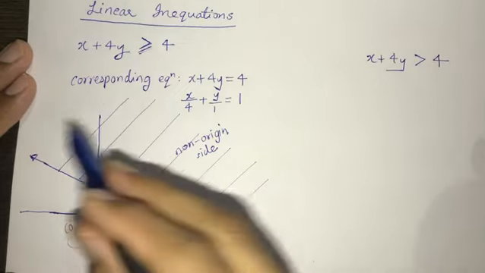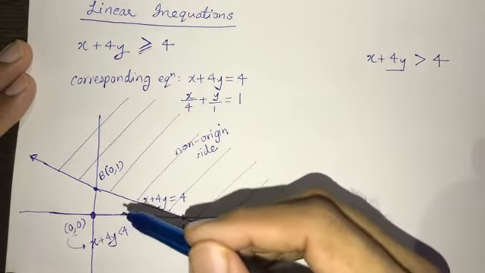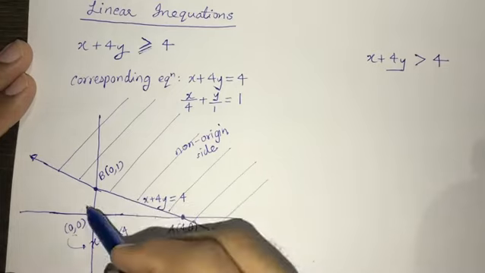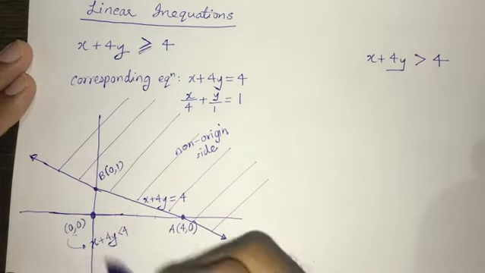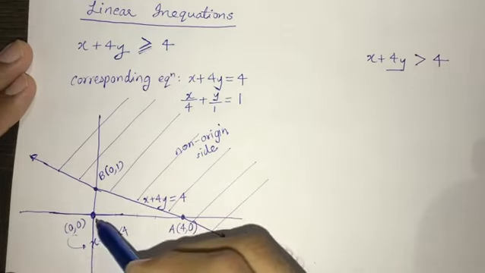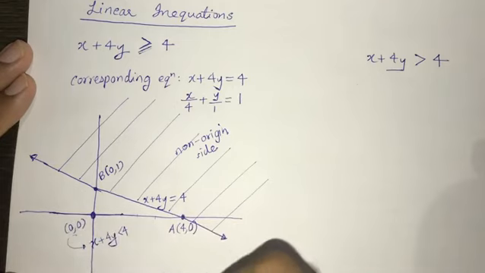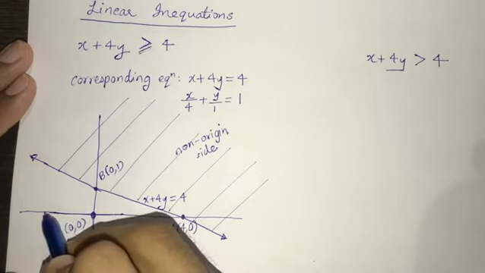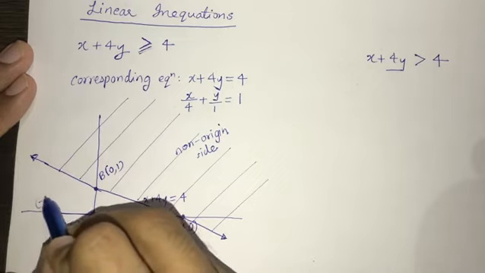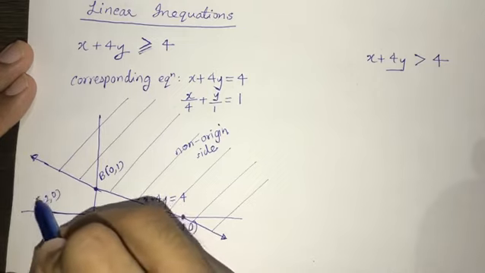That's why x plus 4y greater than or equal to 4 will not be satisfied by any point on this side. All these points which are with the origin in this half plane will satisfy the inequality x plus 4y less than 4. We can try 1 or 2 points here. Let us take minus 2 comma 0.